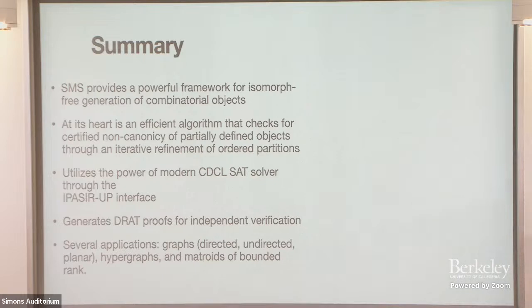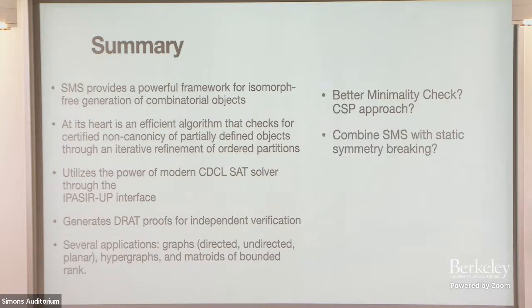We have applied it to many different combinatorial objects, and maybe last but not least, 3 avenues for further exploration. The minimality check can be improved, maybe because of this propagation, maybe a constraint processing approach could help and do a little bit more propagation there.